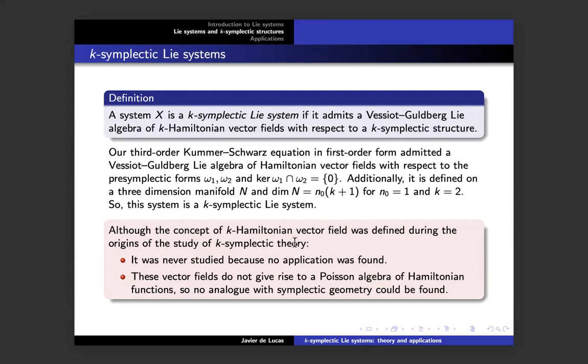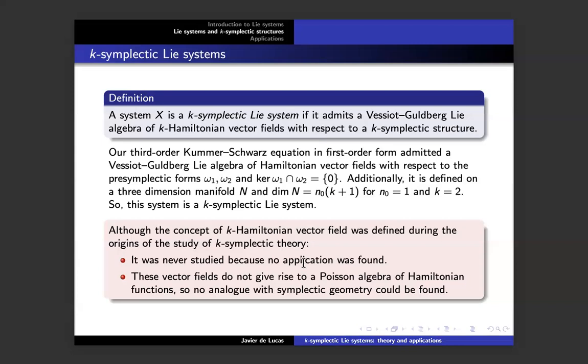The k-symplectic theory was mainly developed at the beginning by Awan, by Gunther, by Manuel de Leon, under another name, but they were more or less equivalent. I mean, there are several issues about how to define things, about the dimension of the manifold, about the pre-symplectic structure and so on, but more or less they were doing the same.